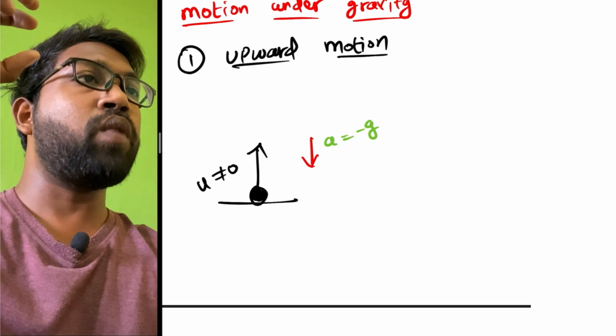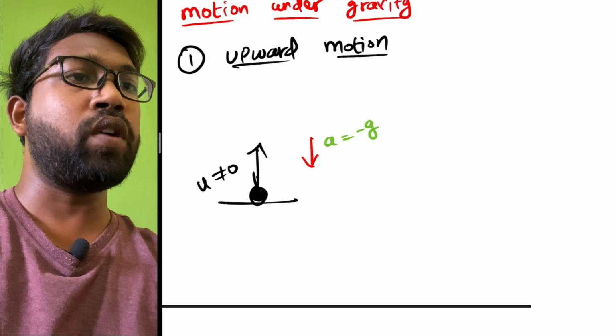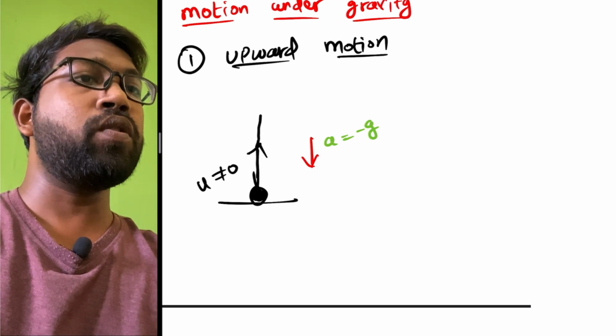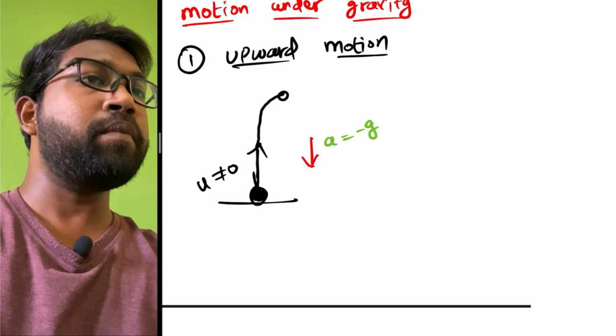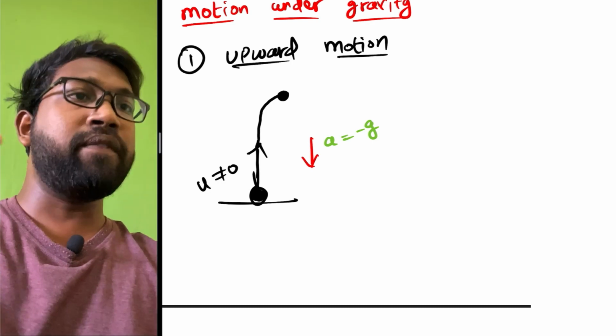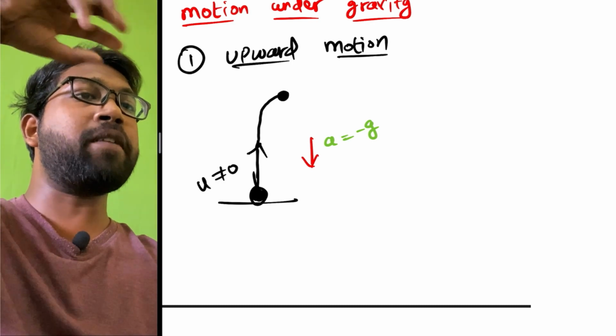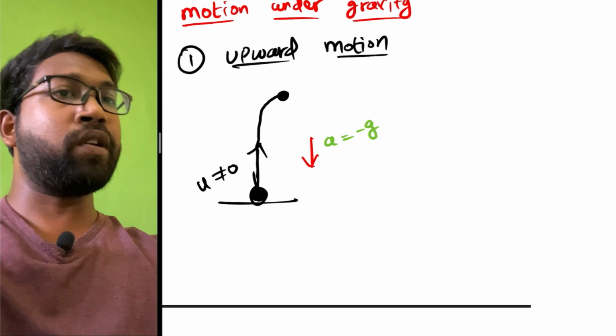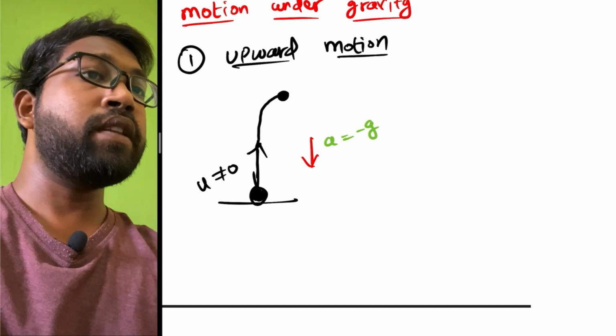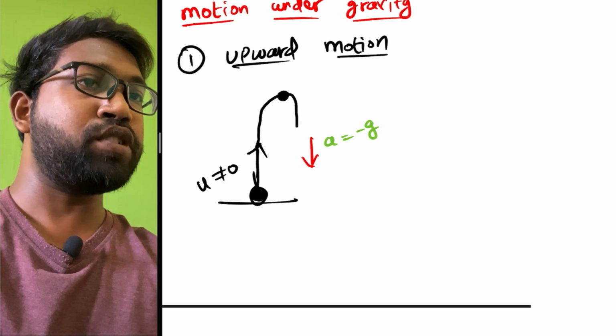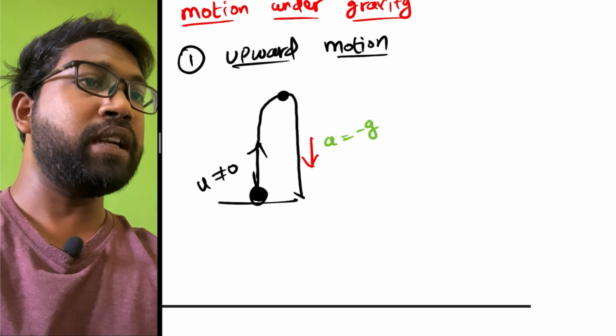The ball tries to go upwards, the velocity slowly goes down. At a particular moment, the velocity completely vanishes. The ball stops at the maximum height for that particular velocity. Then the ball comes down again towards earth and lands on earth.